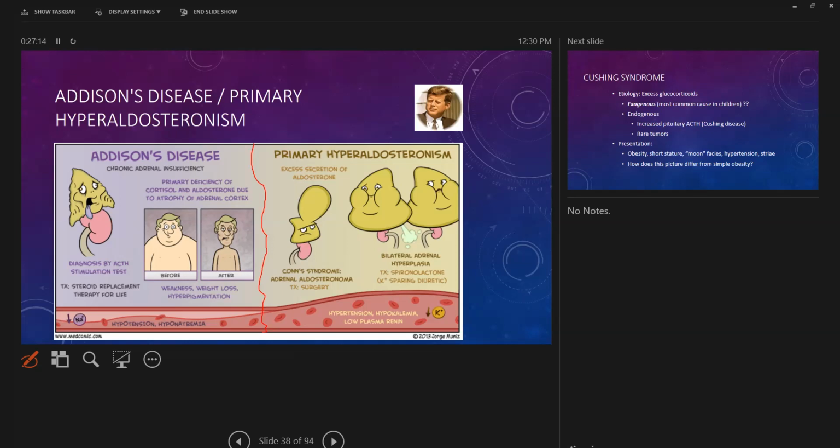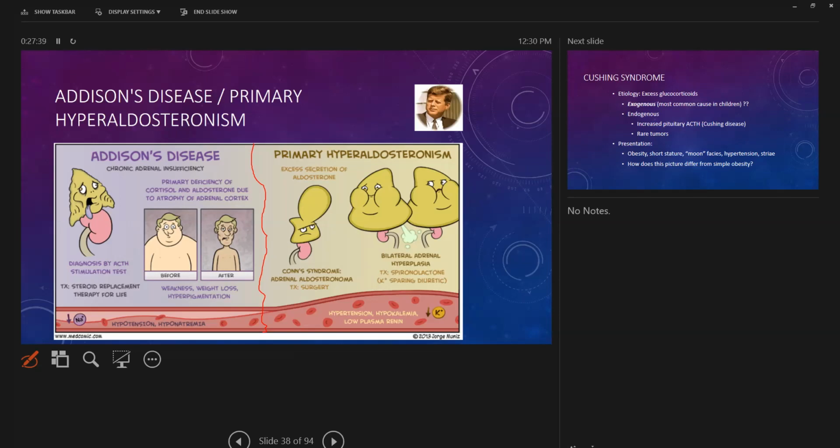So Addison's is adrenal insufficiency and low aldosterone, whereas primary hyperaldosteronism is the opposite, and we're talking about excess secretion of aldosterone.